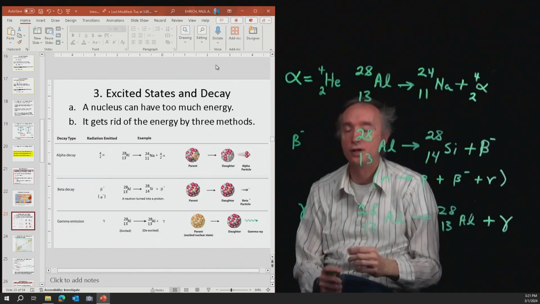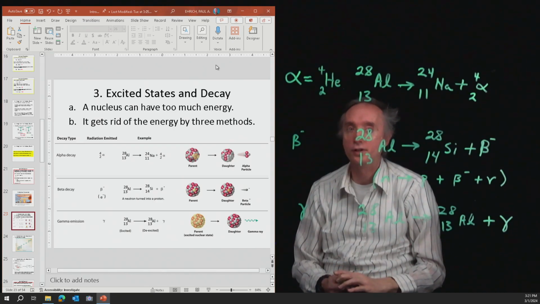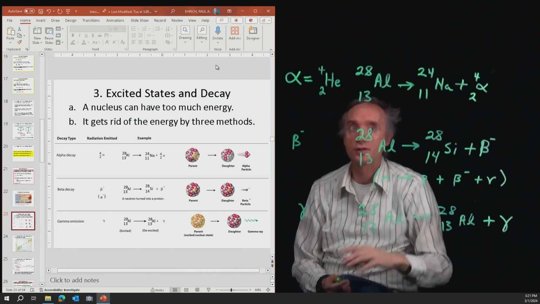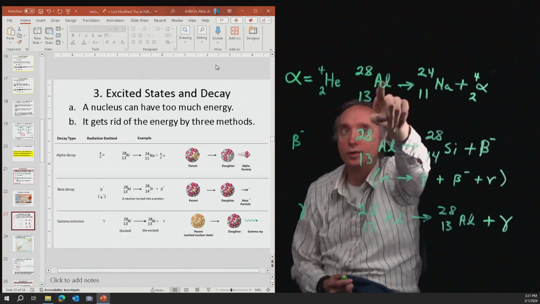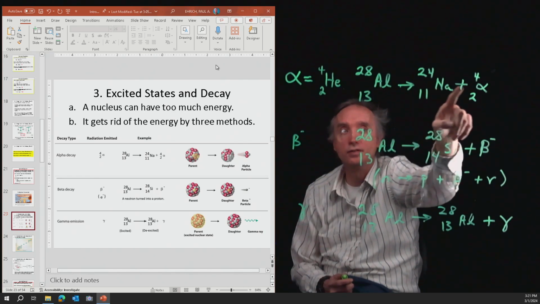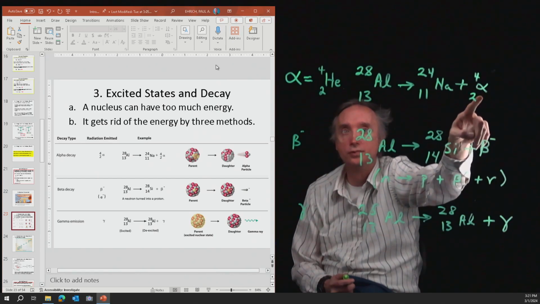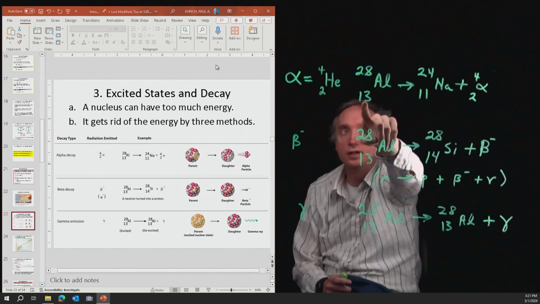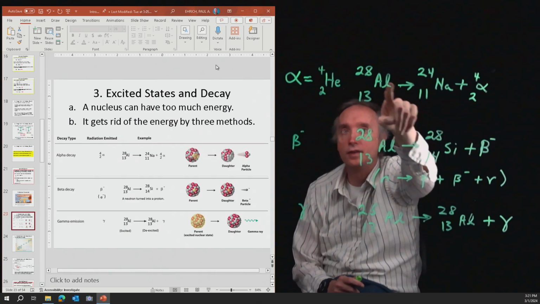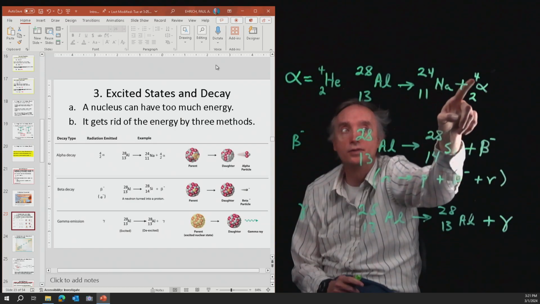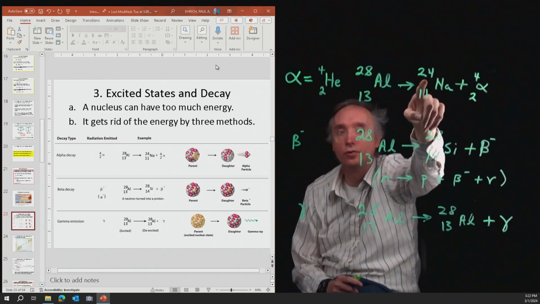So what does that do? Do you remember your nuclear chemistry? Remember that this arrow here is like an equal sign. It's going to give off the alpha particle, so 13 minus 2 is 11, and then 28 minus 4 is going to be 24.